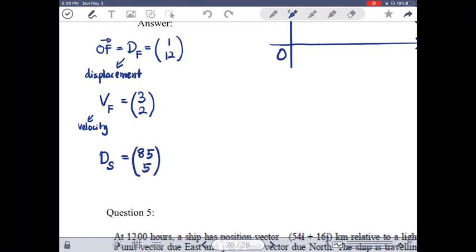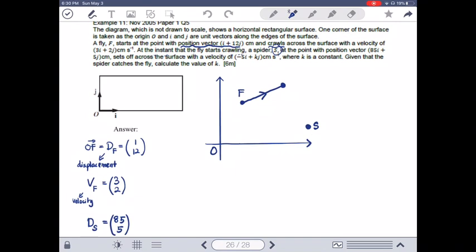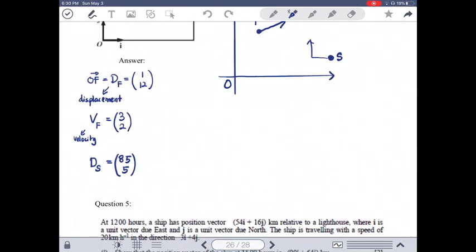It crawls across the surface with a velocity of negative 5i. So the velocity of the spider is negative 5i, right?